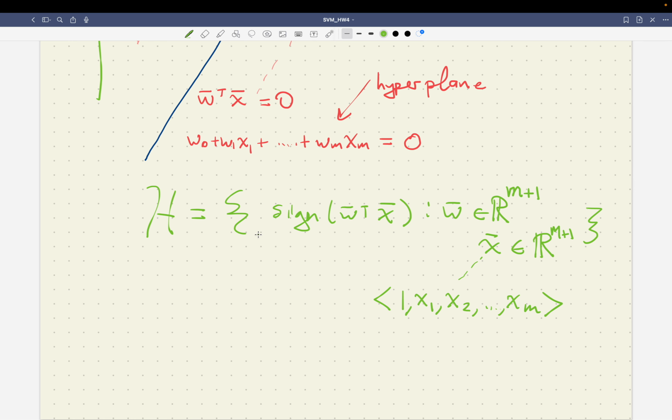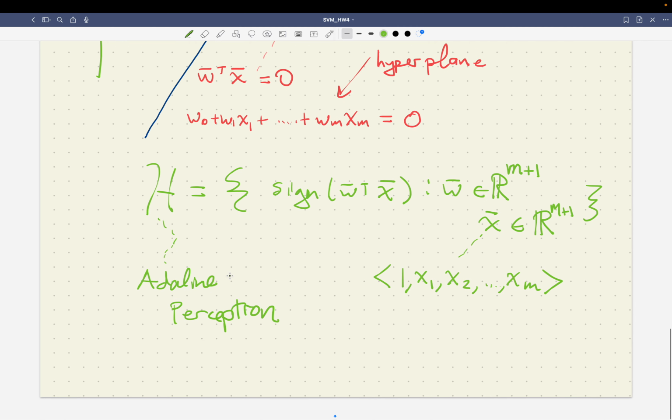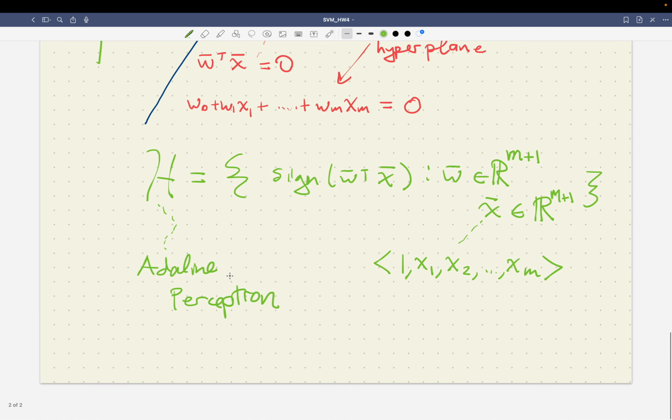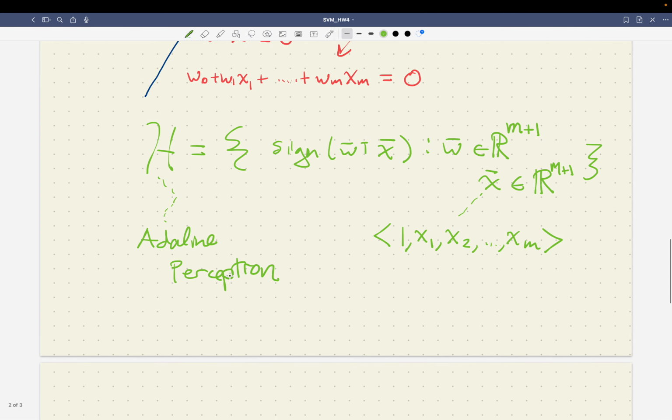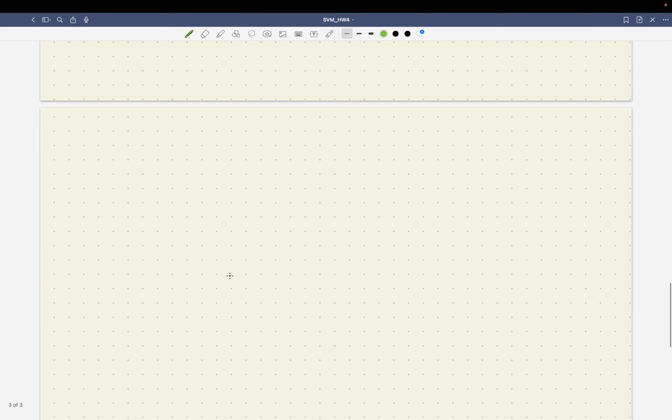This is exactly the same hypothesis class that we used for Adaline and the perceptron, and it's also very similar to the hypothesis class for logistic regression. In fact, if you threshold logistic regression, you also get that hypothesis class.